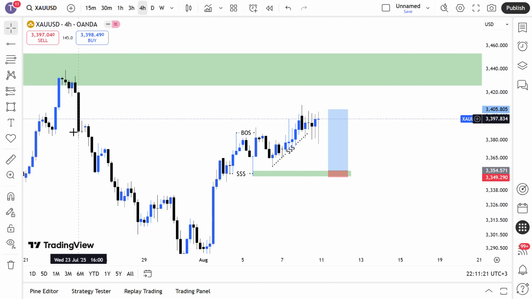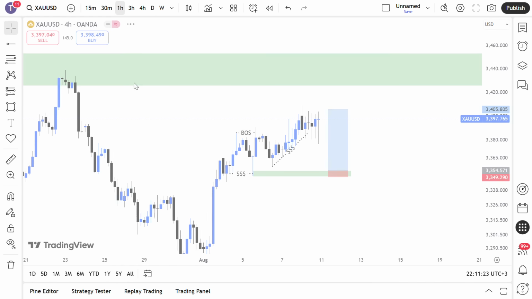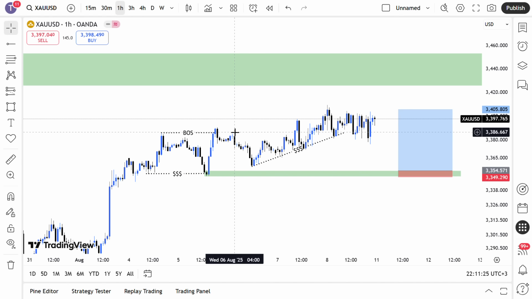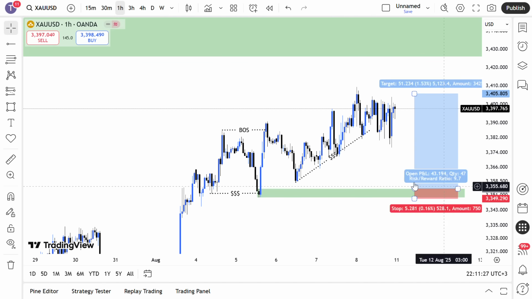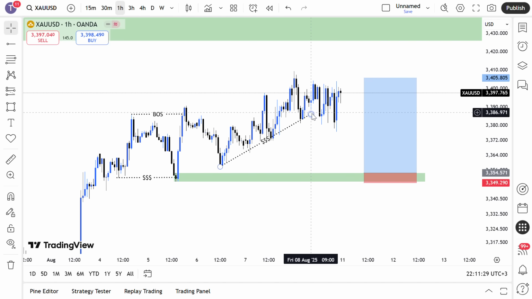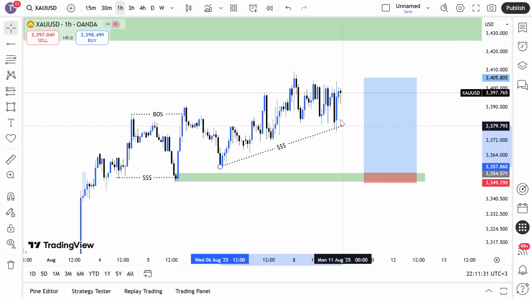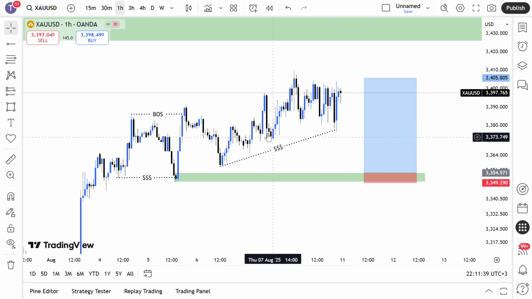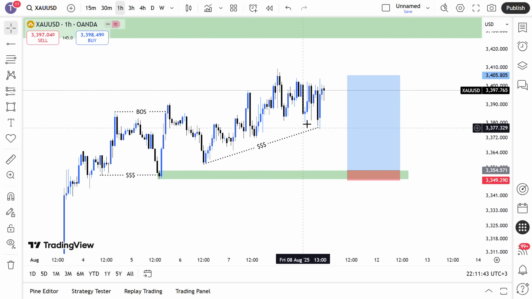So dropping into the 1 hour time frame where we marked our order block, you can see clearly the setup and how it looks like. So all these lows here are liquidities, because you can see very clearly there is no valid order block that anyone can take trades from.